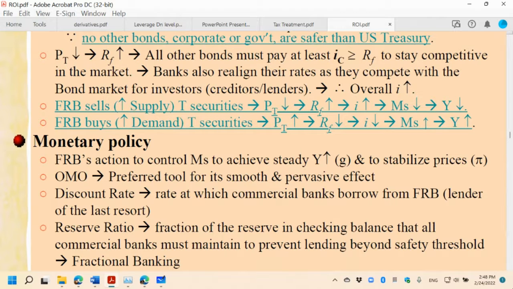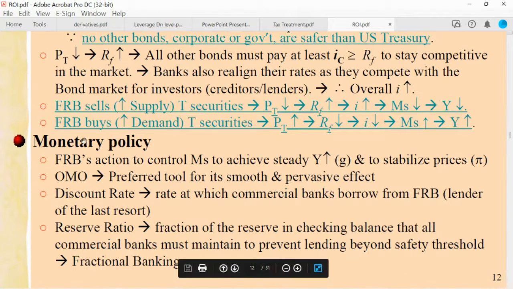Fed wants to quicken this process, right? If you leave it to the business cycle, it works very slowly. So Fed wants to quicken the process, so they intervene, and they do it through the open market operation. Now, once again, Fed's monetary policy tools, right?